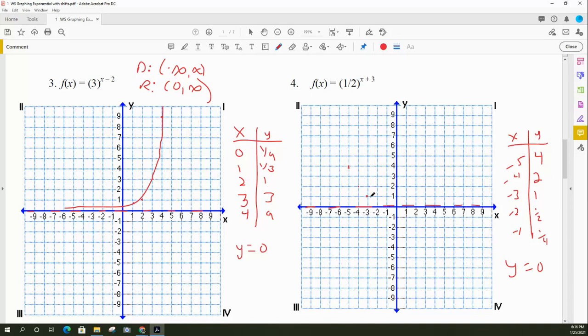So we're going to shift 3 spots to the left. Our domain and range are the same as the last problem. All real numbers, the domain. And our range is everything greater than 0.